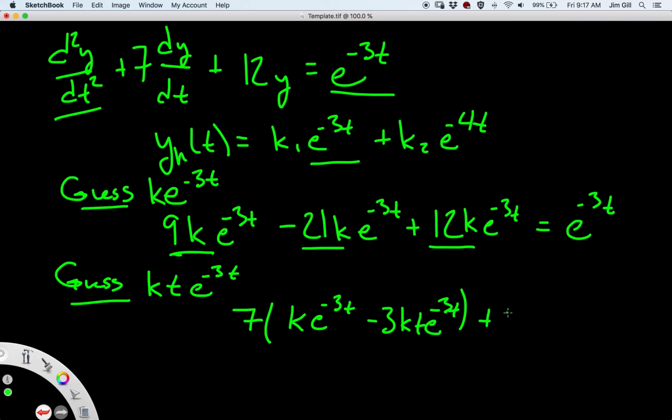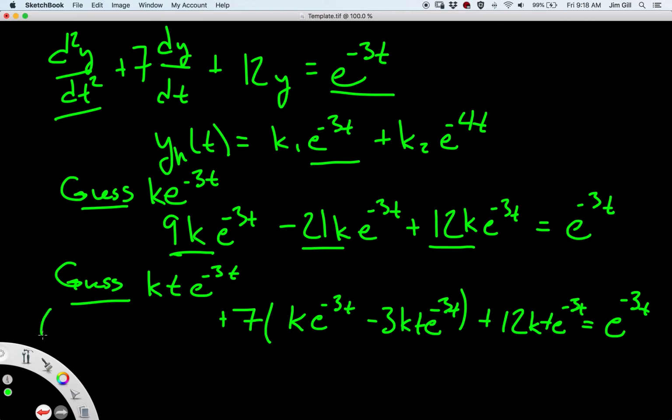We're going to have 12 kt e to the minus 3t. This is all supposed to equal e to the minus 3t. I've left this over here blank because I need to fill in the second derivative, and it's easier to write the second derivative if I have the first derivative sitting right here.